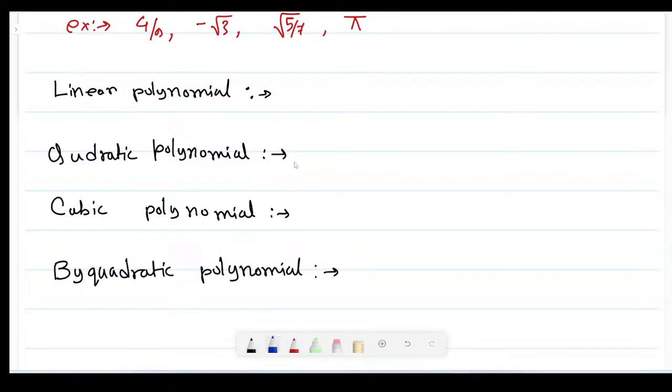In the linear polynomial, those are polynomials of degree 1 only.